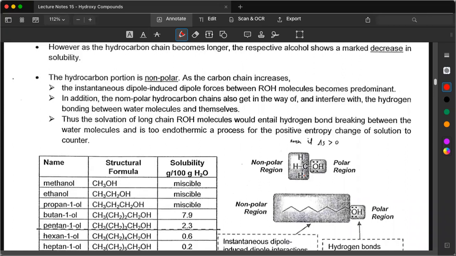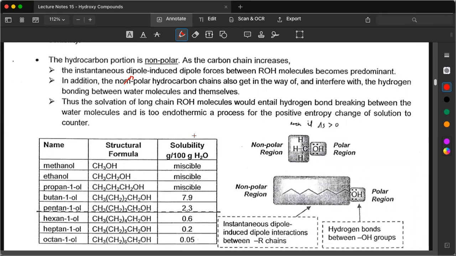With increased carbon chain, the id-id interaction becomes predominant compared to the hydrogen bond. Also, the non-polar hydrocarbon chain gets in the way of, or interferes with, the hydrogen bonds between the water molecules themselves.